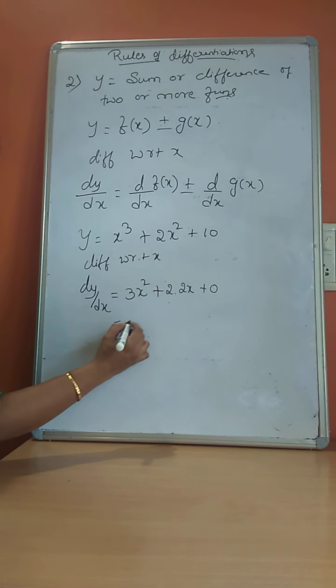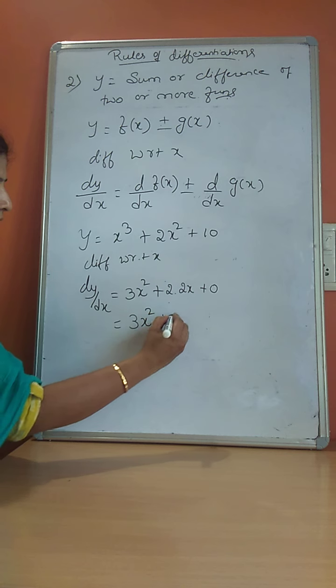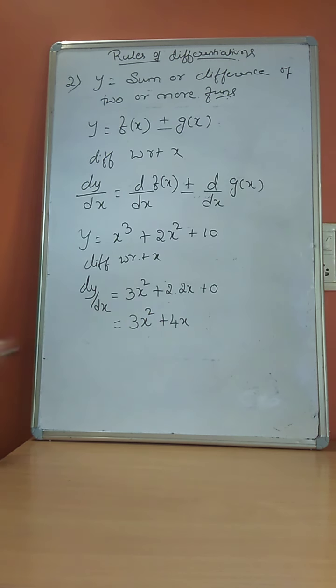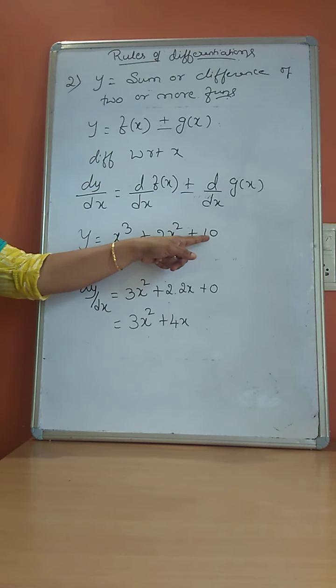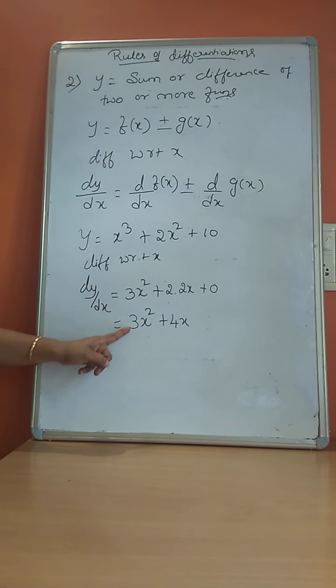Therefore, this is equal to 3x square plus 4x. Do you understand?